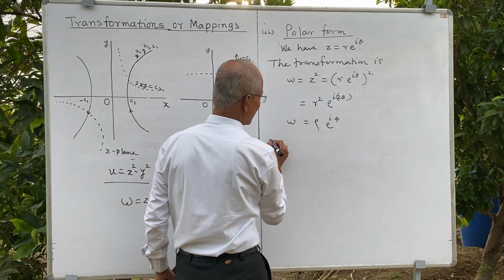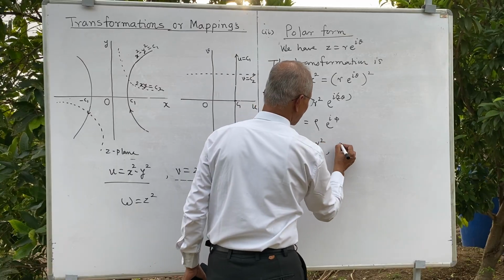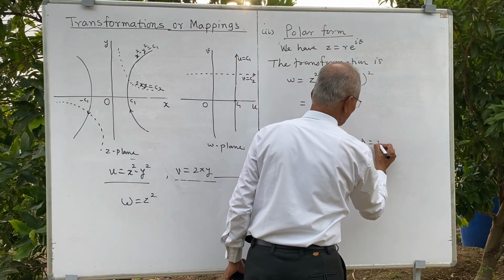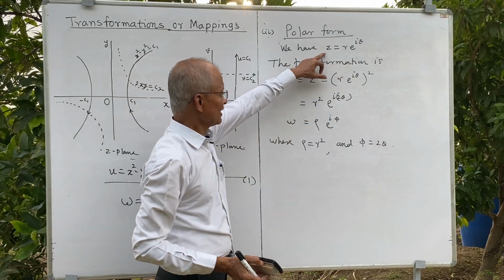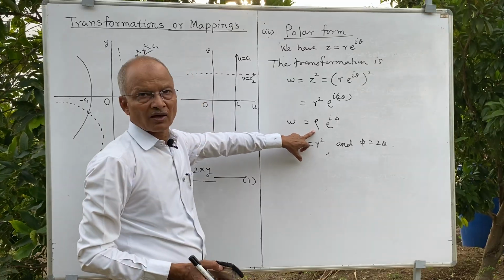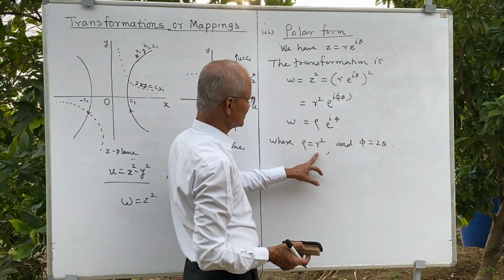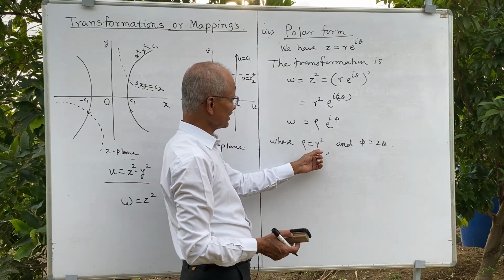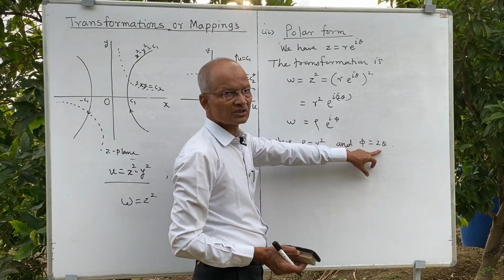So, this is w, where rho is r square and phi is 2 theta, and this shows that the point z is transformed in this form. What is the change? The radius vector becomes squared, and the argument phi becomes double.